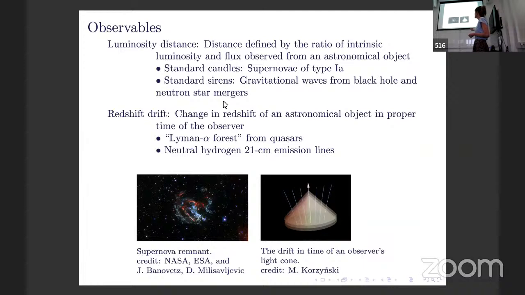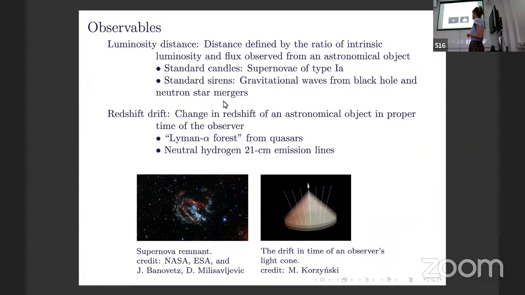And in order to measure luminosity distance in cosmology, we need objects that are standardizable in terms of their luminosity. And a popular such standard candle is that of supernova of type 1a. We are also starting to be able to use gravitational waves as promising independent distance measurements in cosmology.